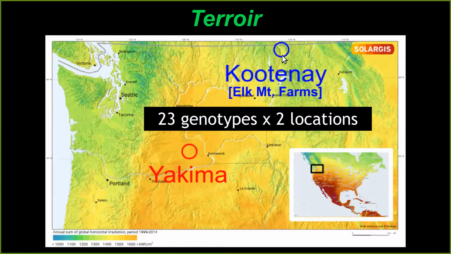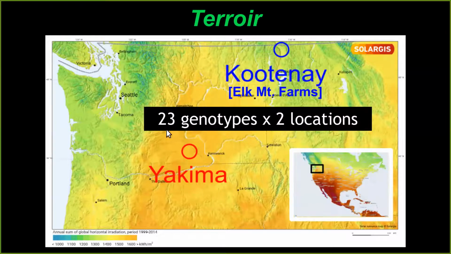And then we also have the Kootenai River Valley here, which is in northern Idaho. It has more moderate temperature, higher humidity. And the soils between these 2 locations are also different. So all these factors, climate, soil, etc., define a particular environment's terroir. In this case, we're using the term terroir to mean the set of environmental conditions that are unique to a specific location.